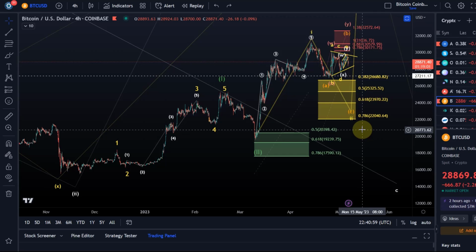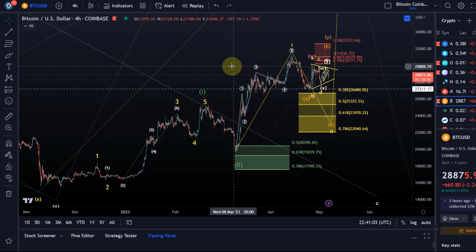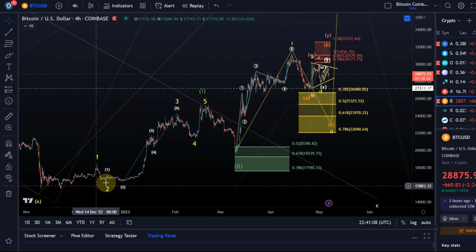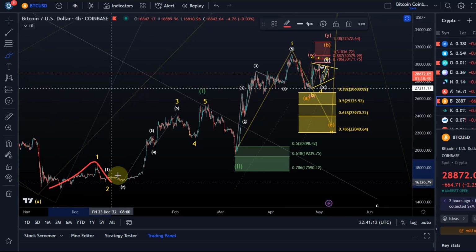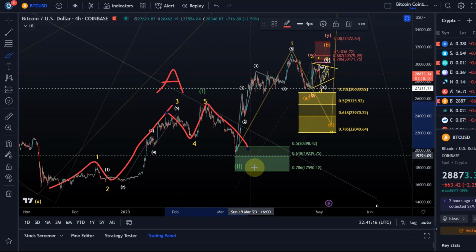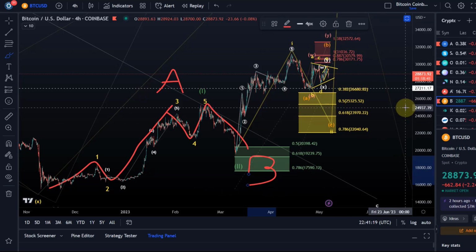And then we've got all sorts of exotic counts that could play out here. For example, if I look at this as a leading diagonal, all of this, then the move up here could have been just an A wave. This was then a B wave, for example. That's possible.